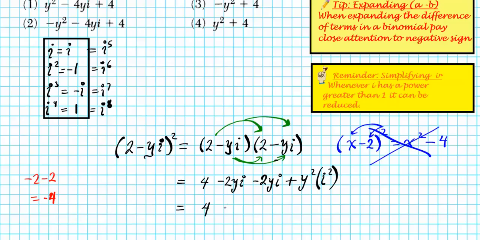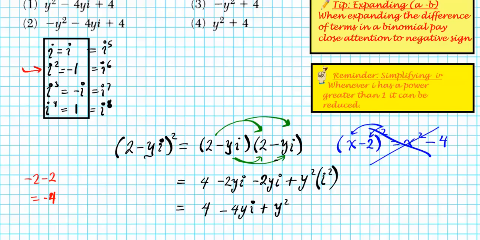Negative 2yi minus 2yi is negative 4yi plus y squared i squared. Now, can i to the second power be reduced? That's the question. And the answer is yes. Remember, we talked about it earlier that if you have a power of i that's greater than 1, it can be reduced. The goal here in this problem is to find the simplest form, so we have to reduce it.